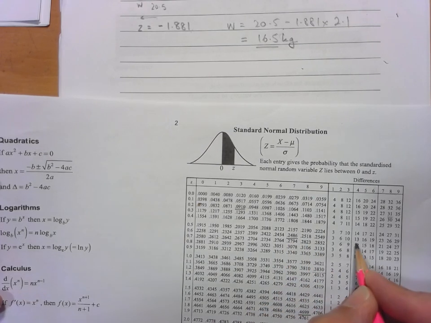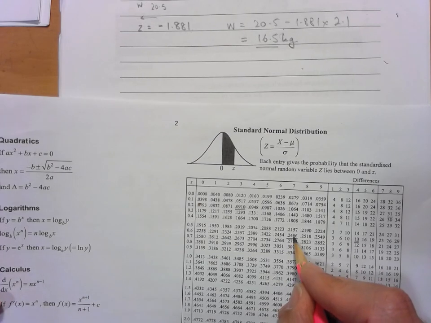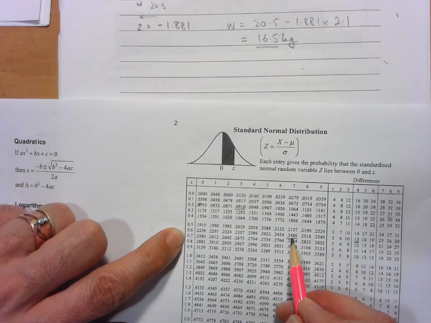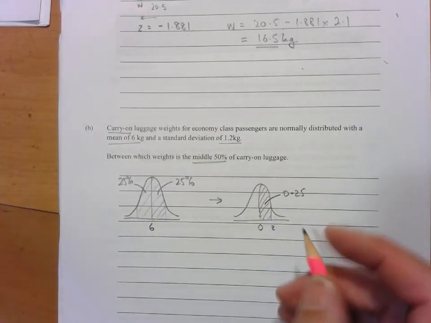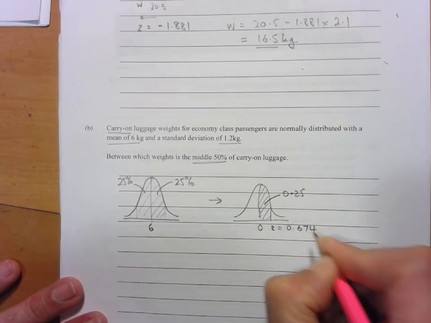2486, and if I chuck on a difference of 13 there, that'll make it 2499. That's pretty close. So I'm 0.674 standard deviations. Okay, so Z equals 0.674.